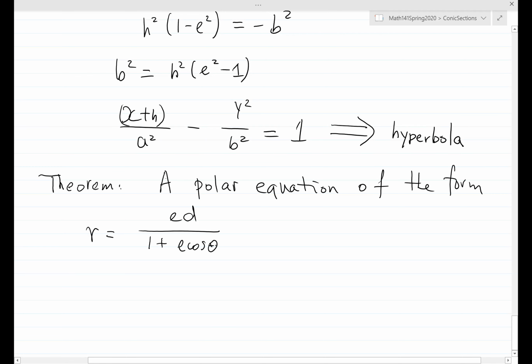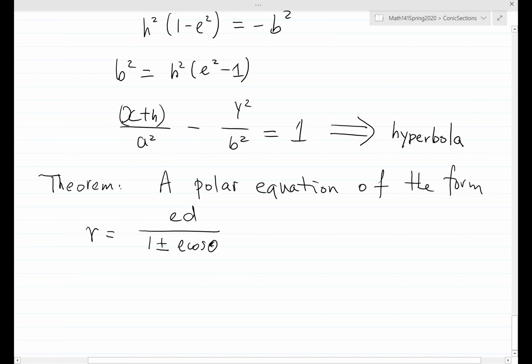Now remember, when we have polar coordinates, we can rotate the thing by any angle. If you rotate it by pi over 2 or plus minus pi over 2, then cosine will become sine, plus minus. Or if you rotate it by pi, then cosine theta becomes negative cosine theta.